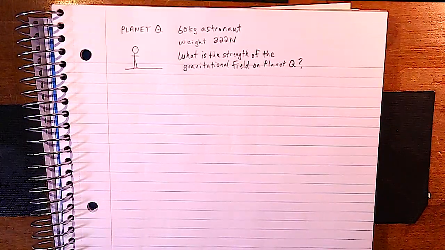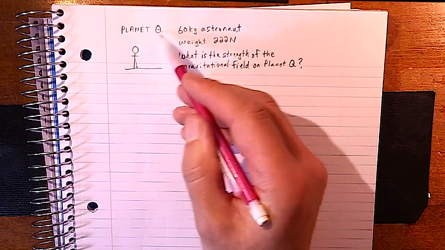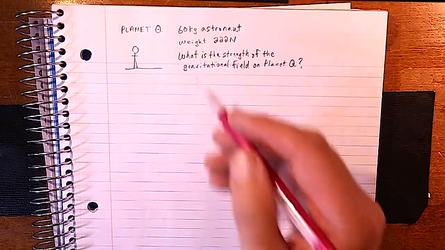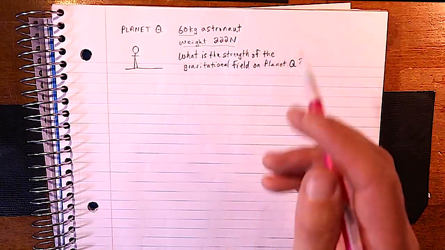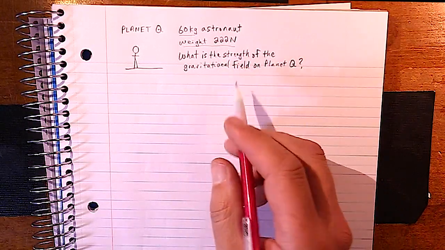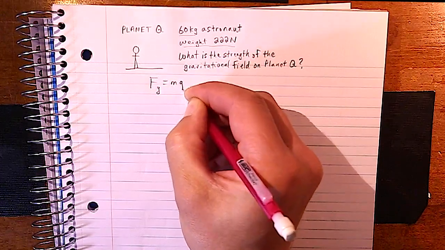This is a super common question. We have an astronaut that is on some other planet, some non-Earth planet, planet Q, and they have a mass of 60 kilograms, and on this planet they weigh 222 newtons. What's the strength of the gravitational field? Well, we can just do Fg = mg for this.